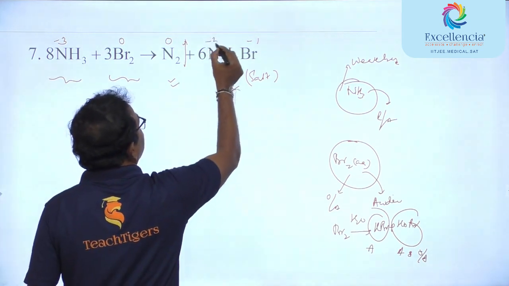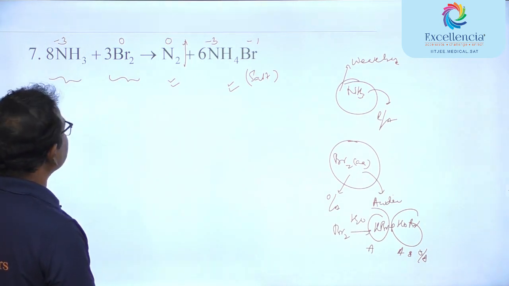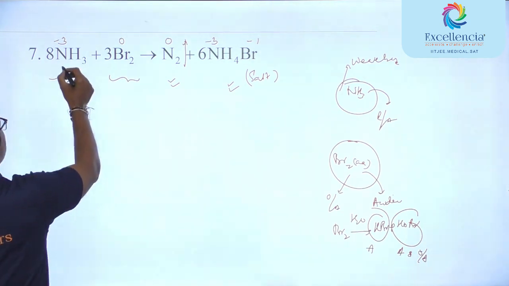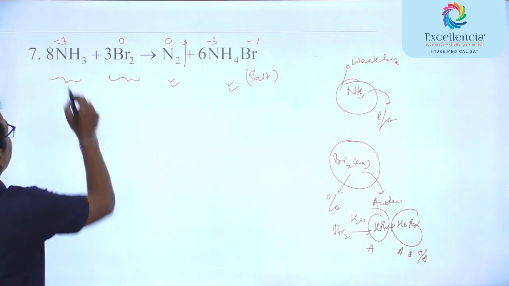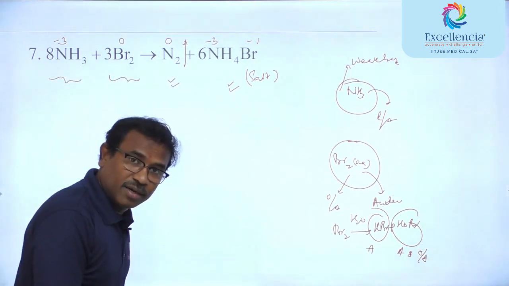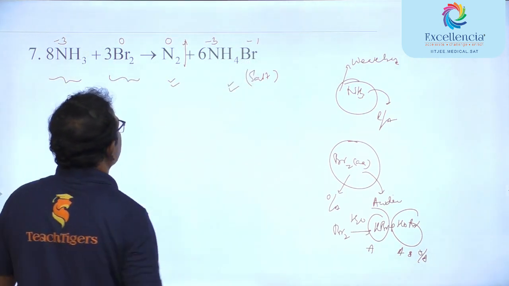This is -3. This is -3. So what's happening here? Nitrogen -3 going to -3 is still -3, and nitrogen -3 here is from 0. So there is a change in oxidation number, right? And bromine 0 here and -1.